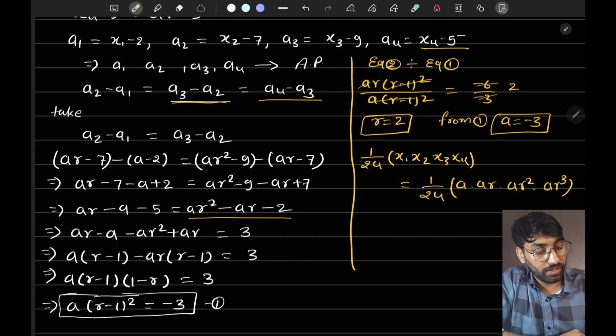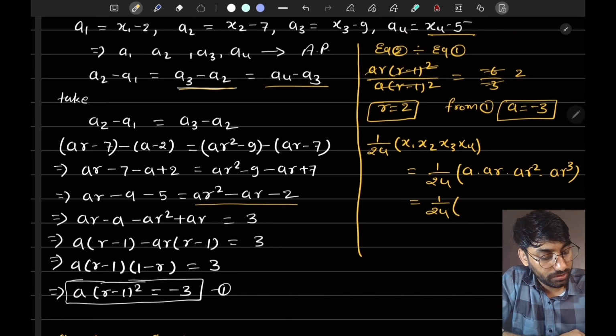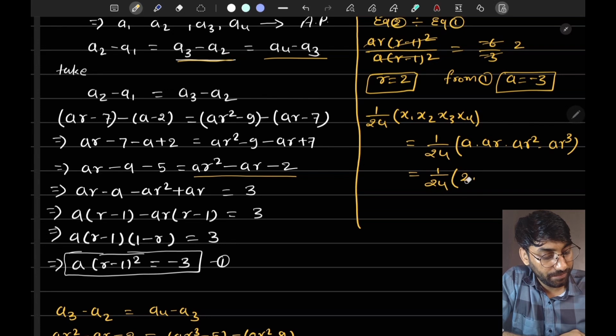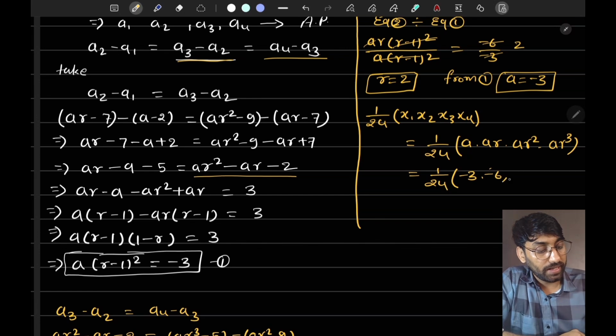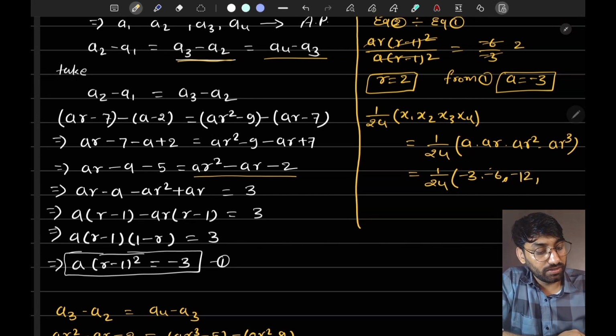The whole value will become 1 by 24 times, and the A value is minus 3. AR will become 2 into minus 3, that is nothing but minus 6. Correct? AR square means 4 into minus 3, that is minus 12. And then 8 into minus 3 is minus 24.